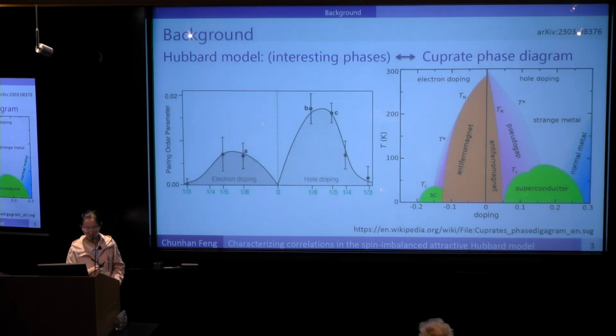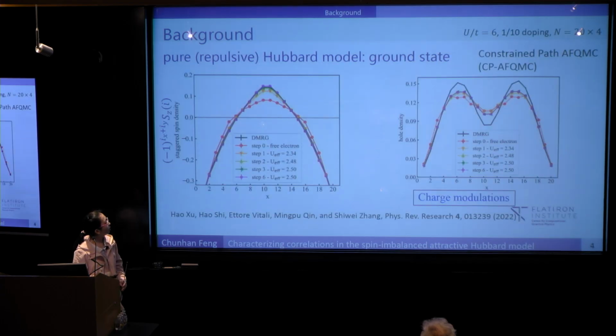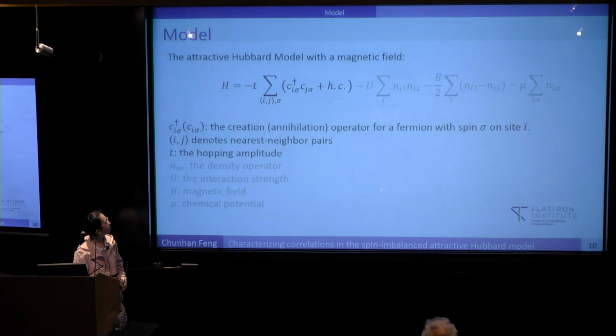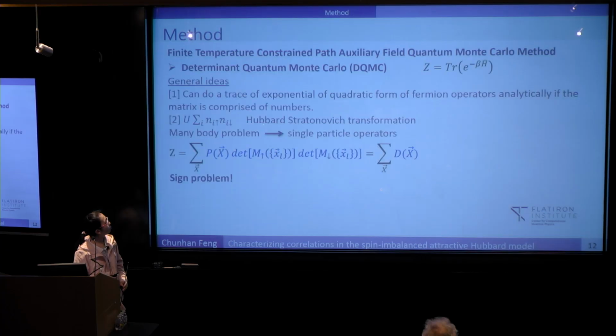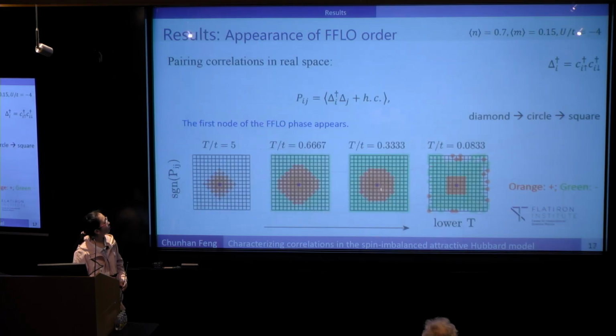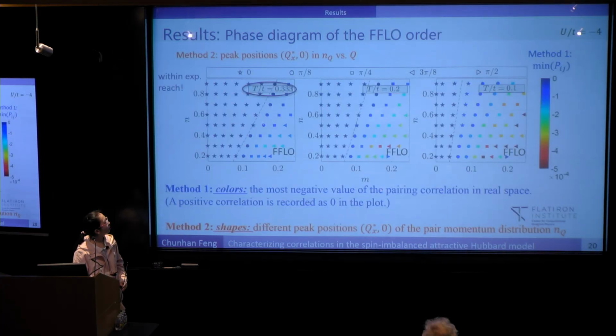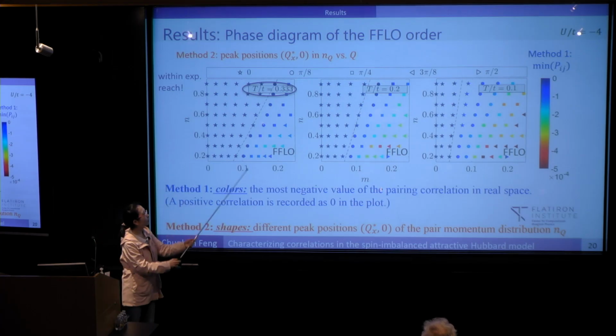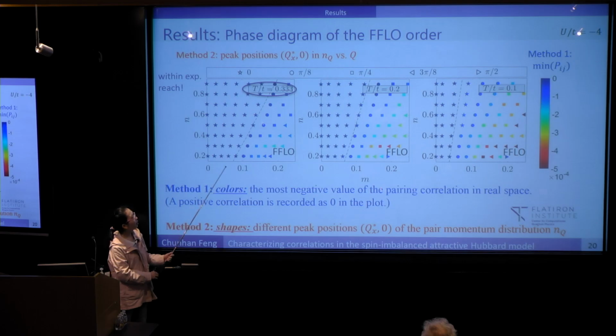Yeah, that's a great question. So let's go to the phase diagram one. Okay, yeah, this one. So basically, I think this is a complete phase diagram. For the FFLO order, it seems like it exists at a very wide range of densities.